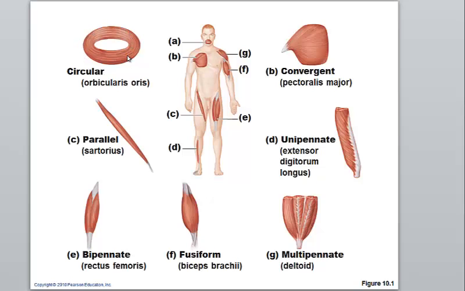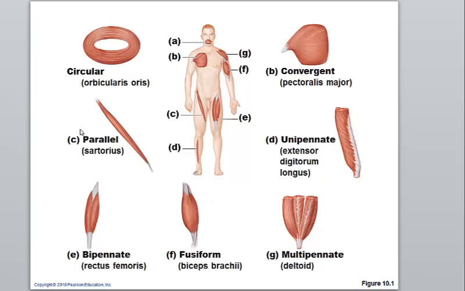If the fascicles start off with a broad area and they all converge and attach to one point through a tendon, it's called a convergent fascicle type. Example is pectoralis major. It covers the entire thoracic area and then all of them merge together to form an attachment at your humerus.